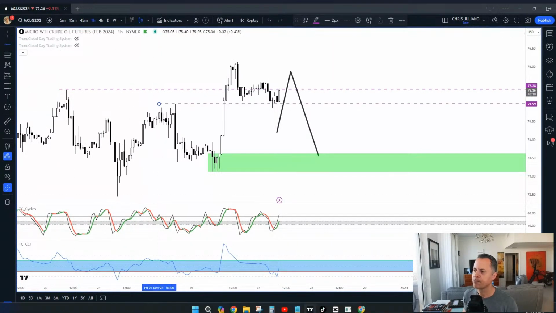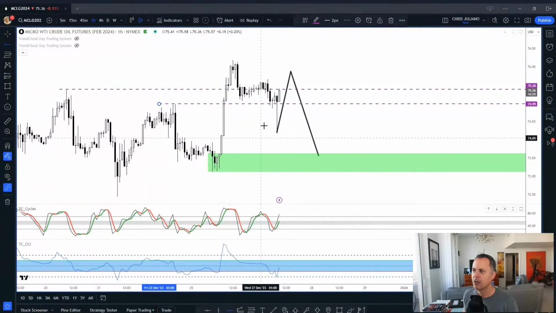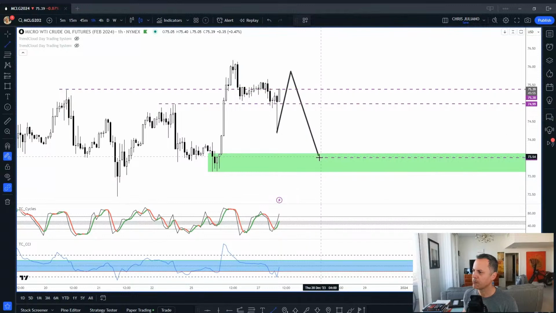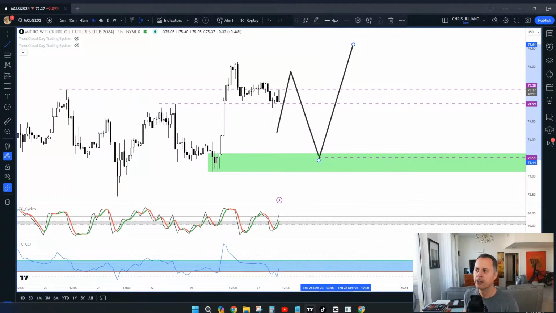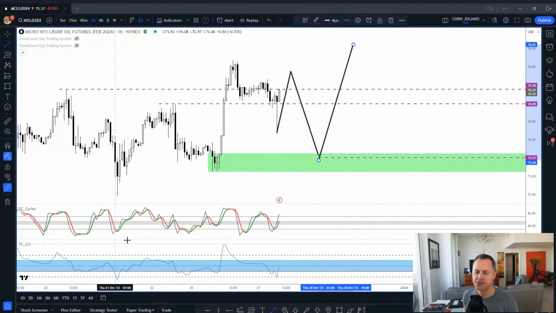There and there. Very strong. So when price returns to this area, it's very possible that there are still enough buyers to do this. Okay? That is a possibility.